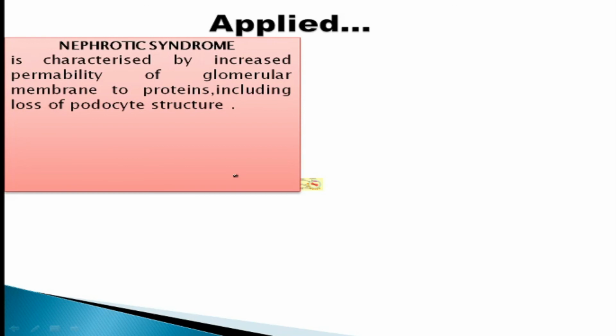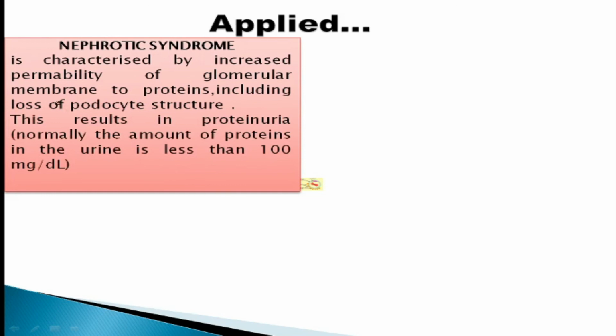So nephrotic syndrome is a kidney ailment characterized by the appearance of proteins in urine, and this results because there is loss of the filterability of the glomerular membrane, and the glomerular membrane permeability gets highly increased because of the loss of the podocyte structure and of the glomerular basement membrane. That is why a lot of protein gets filtered.